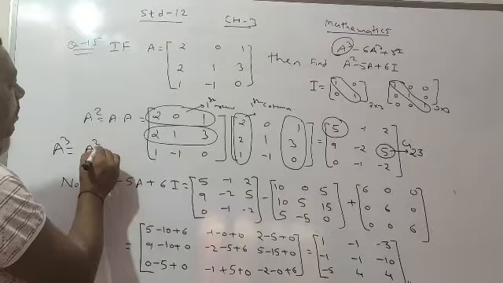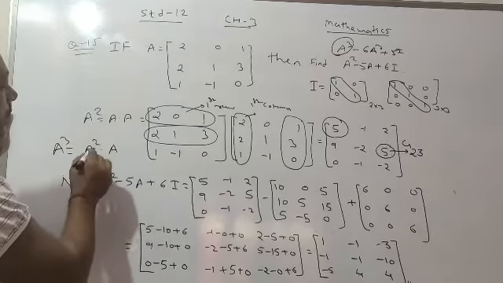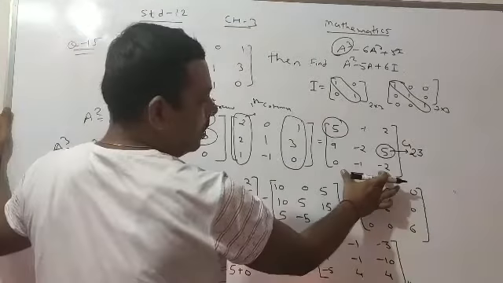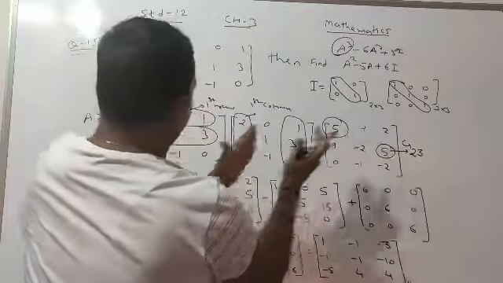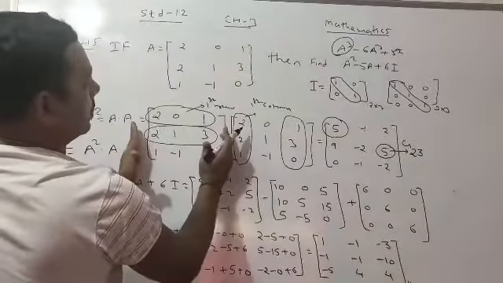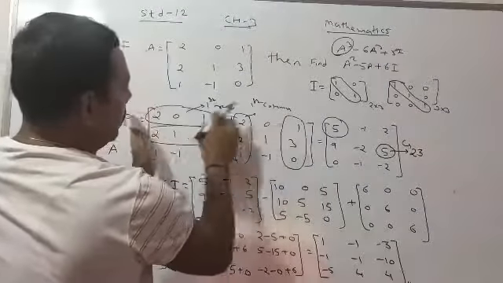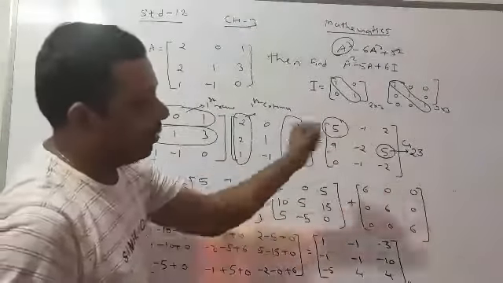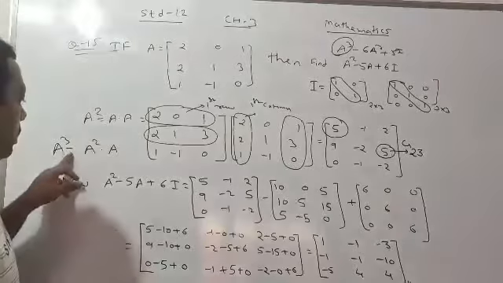A cube is A square into A. A square is nothing but the same answer, so it is a matrix. Instead of this first matrix, we will write this, which is considered as A square, and then the same A. Then do the multiplication. You will get another matrix that is considered as A cube.